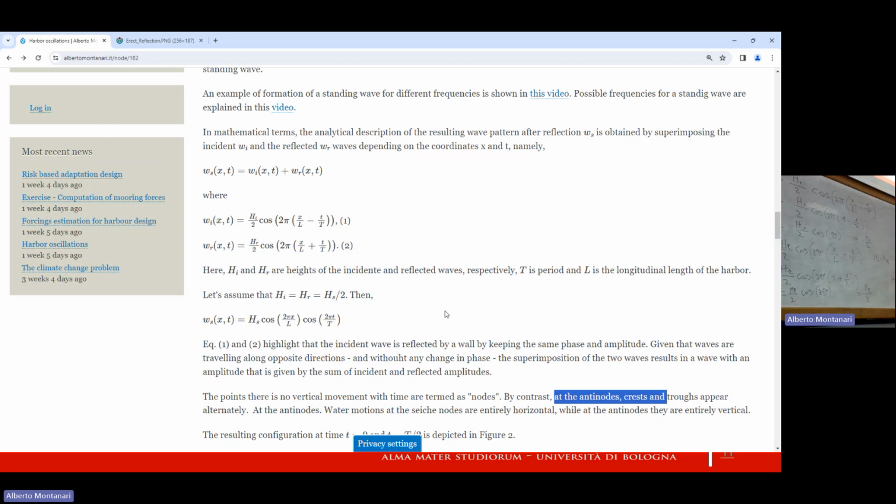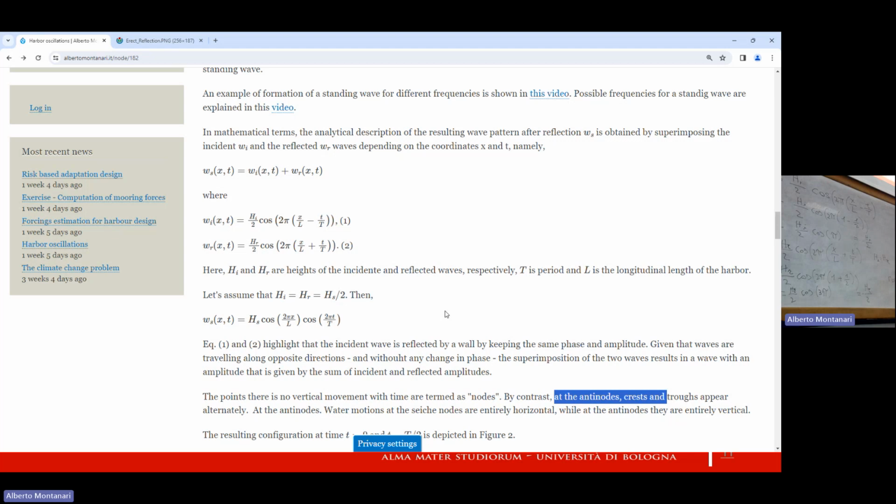Okay, now what happens at the mouth? If I want to see what happens at the mouth, I have to put x equal to 0. So if I want to start at the mouth, x is equal to 0, and time equal t.